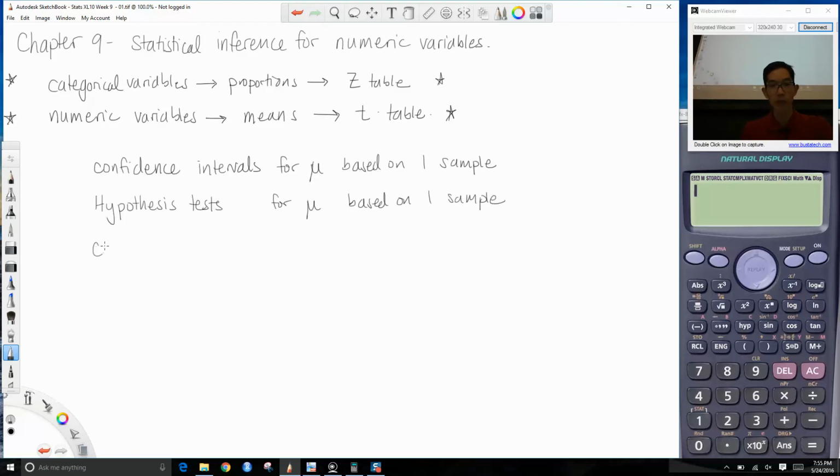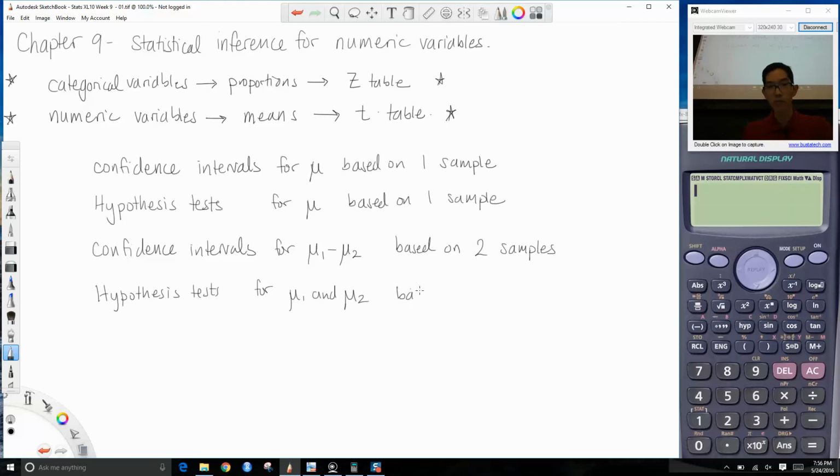Okay. We will have confidence intervals again, but this time it will be for mu1 minus mu2 based on two samples, and we will have hypothesis tests for mu1 and mu2 based on two samples.